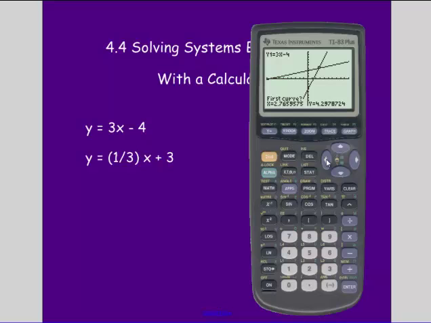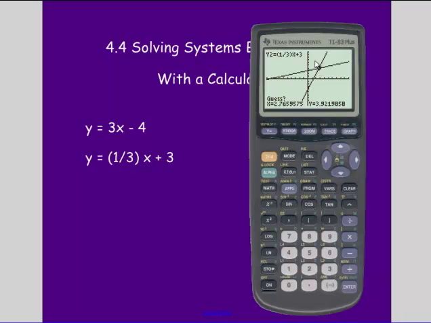So what I'm going to do is get the cursor really close to the intersection and really just hit enter 3 times, because after the second time it says second curve. Now if I use my left or right keys, you'll see that I'm on the second equation. In fact, we also have the equation up here in the corner. And then the next thing it's going to say is guess, and I just want to be close to that intersection.